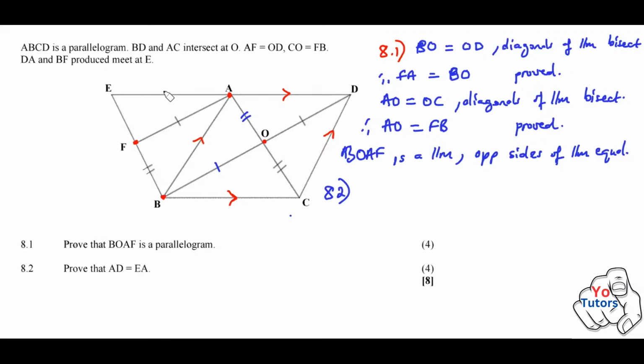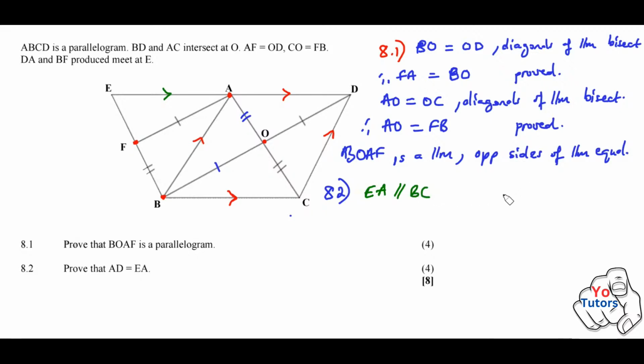So I'm going to add something here so that you can see nicely. Now, why am I adding that? I want to show you guys that these are all parallel. So here we can now say EA is parallel to BC.